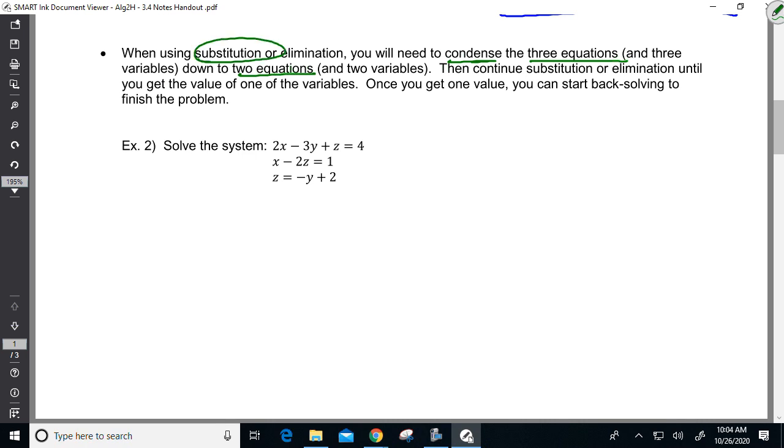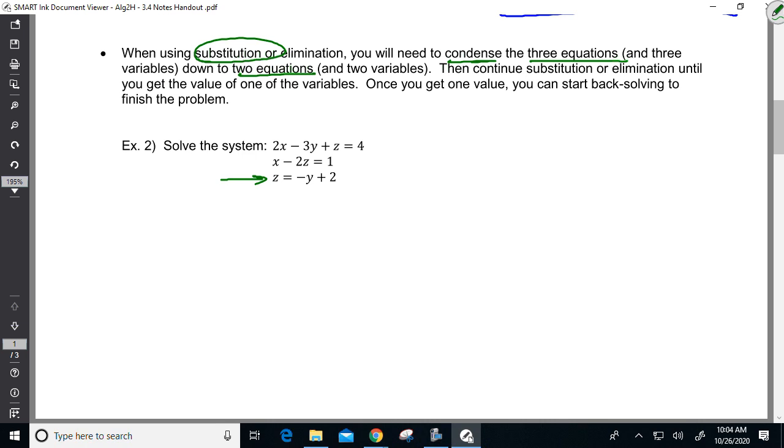So if you think back to what we did earlier in this unit, substitution is when a variable is already by itself, or when a variable can reasonably be gotten by itself. So notice you have z equals negative y plus 2.